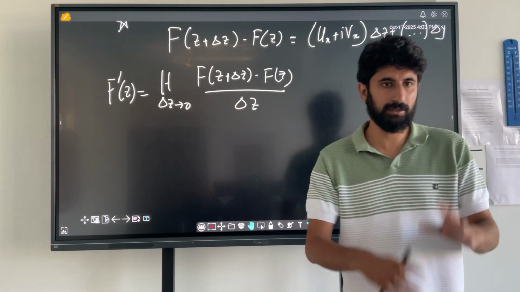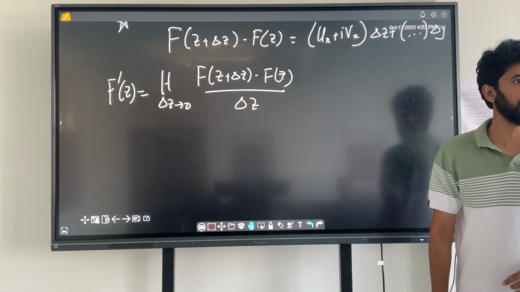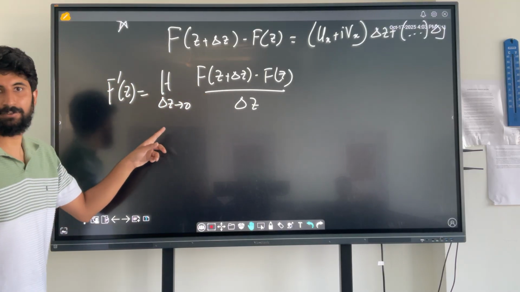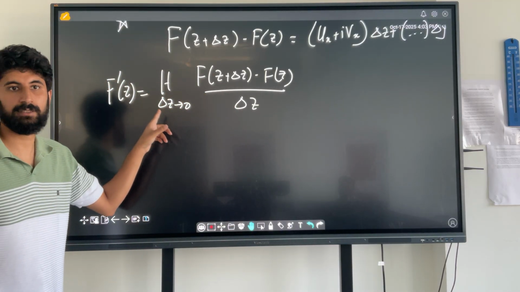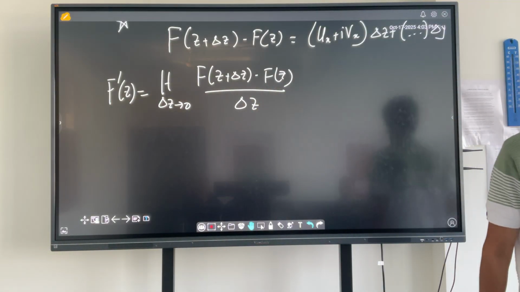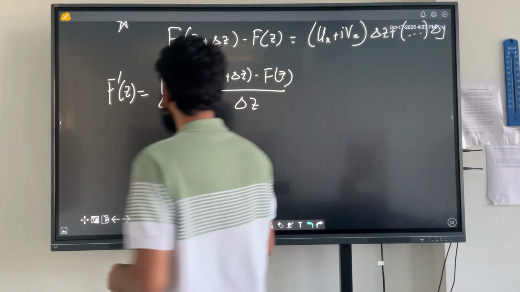We learned a few things, but now let's make this more precise. To define this derivative, I first need a notion of limit, because I didn't even define limits for a complex function. Let's first do that.